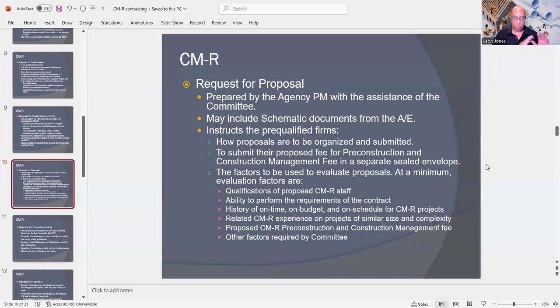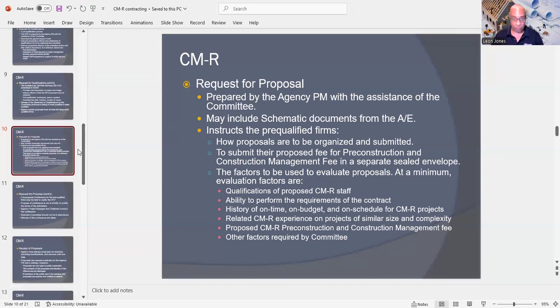And you're also going to list your related CMAR experience on projects of similar size and complexity. Then you're going to list proposed CMAR pre-construction and construction management fees. And then other factors are going to be required by the committee. So when it comes to a government job, there is a lot of paperwork involved.